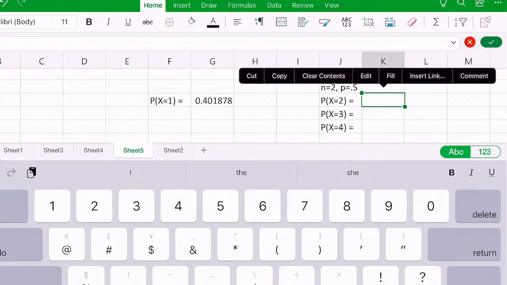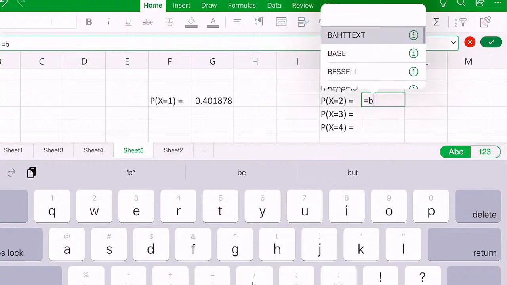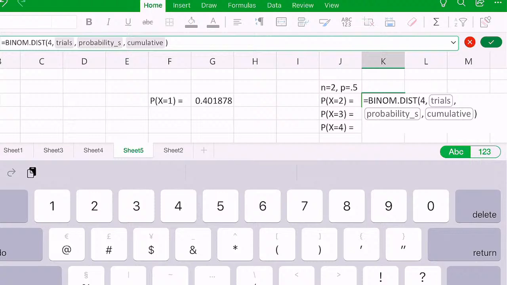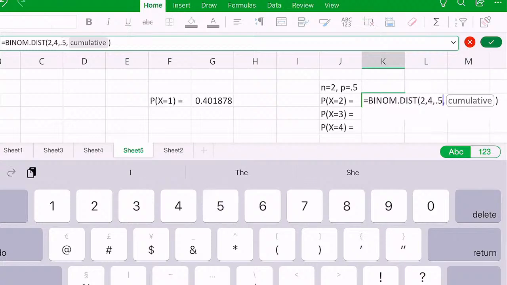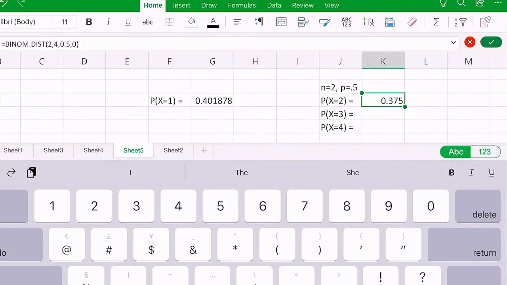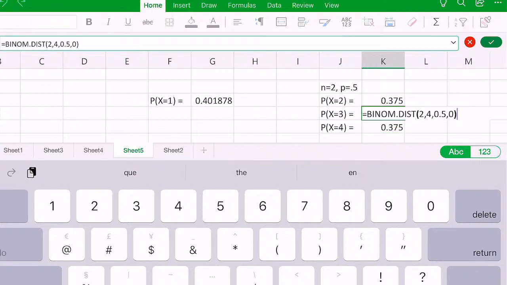So we're going to put equals binomial and get the distribution one, that was this one, and then we put in that x is 2, trials are 4, and then probability is 0.5, and we don't want cumulative. And then we could copy that and just change one number because there's a pattern. Just edit that this is not 2 that you're interested in, but 3.